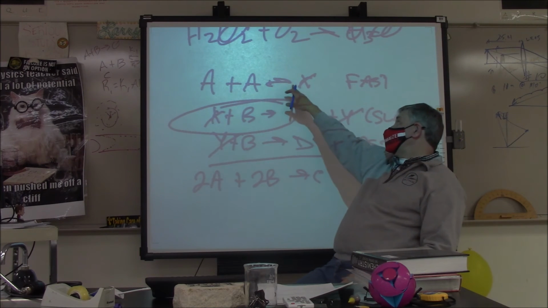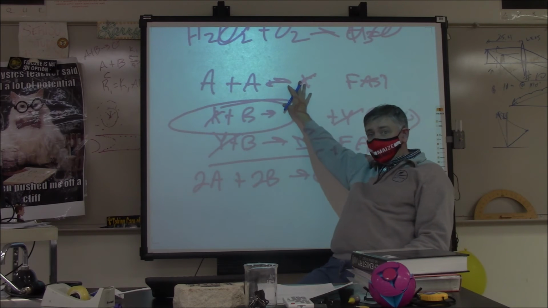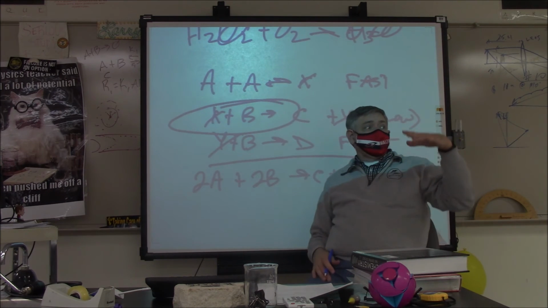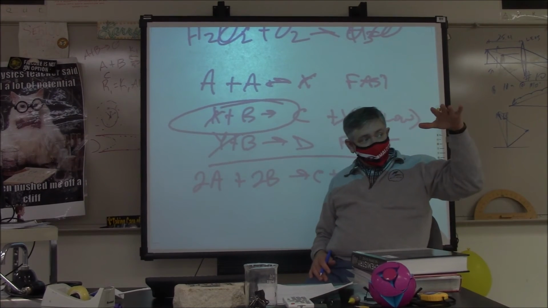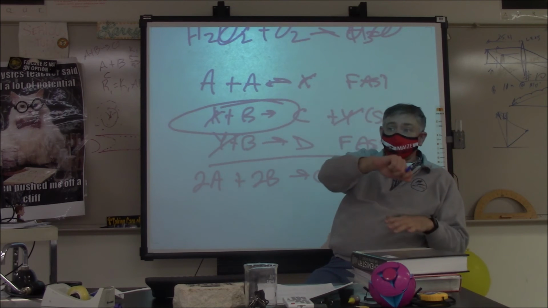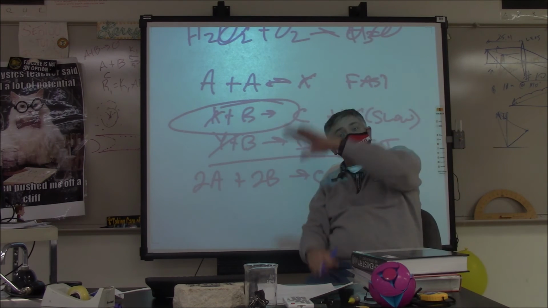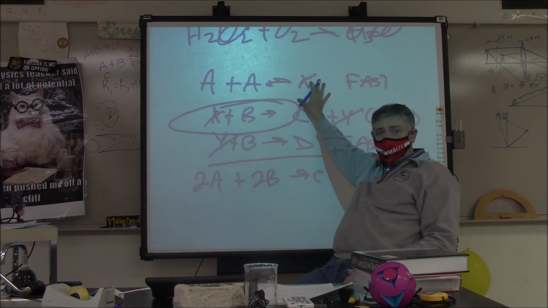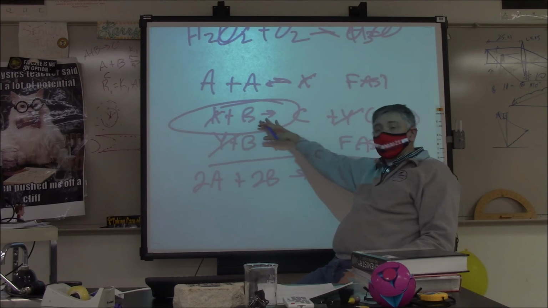So this would be like Amanda dumping a whole bunch of water into my container at first, but then eventually her container is going to drop so much that now I can start to put water back into hers at the same rate that she's putting water into mine. So initially we would produce a bunch of X, but then it's going to slow down.